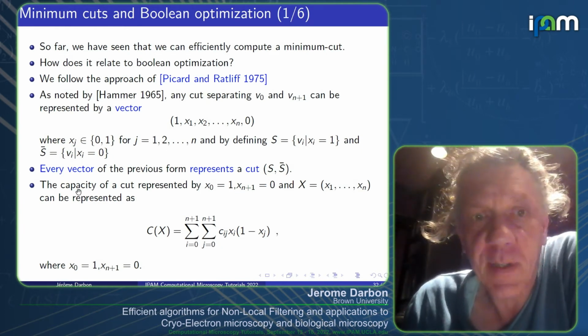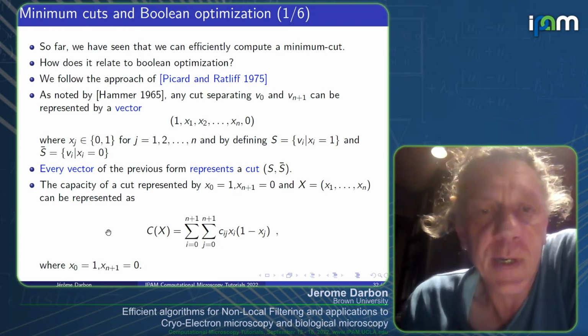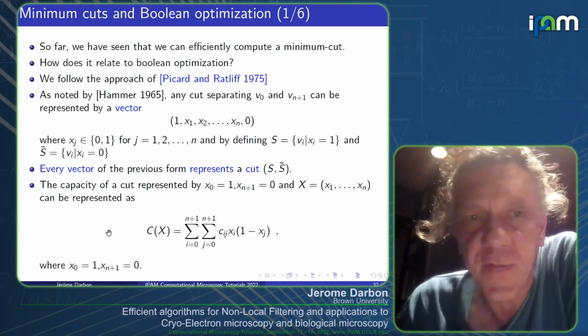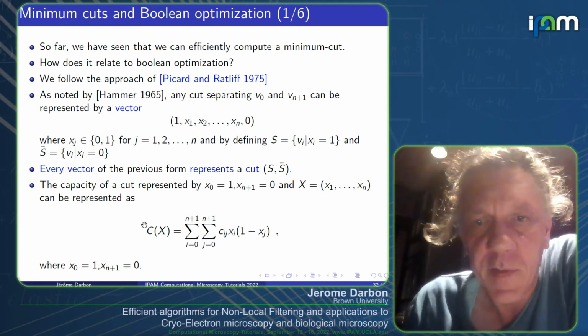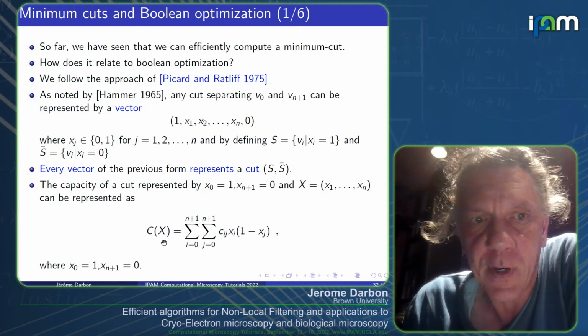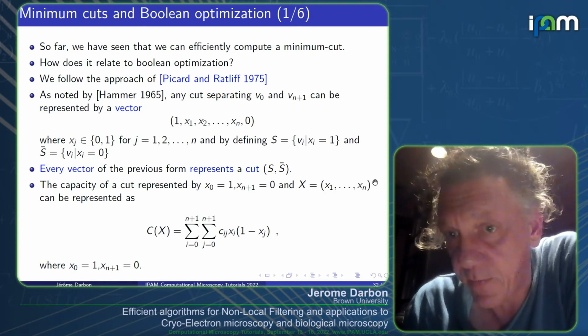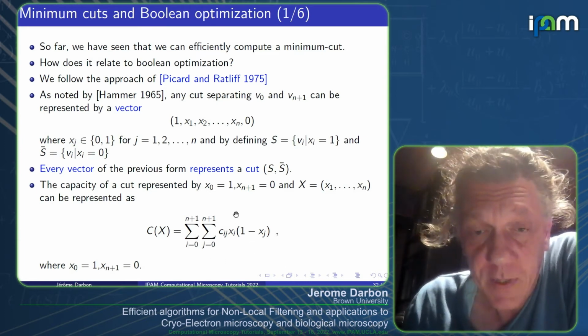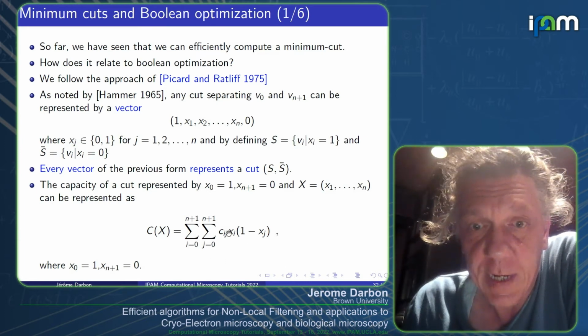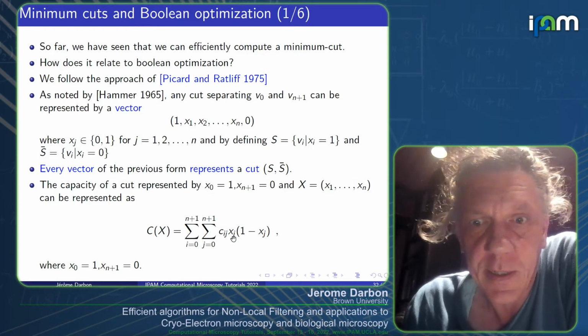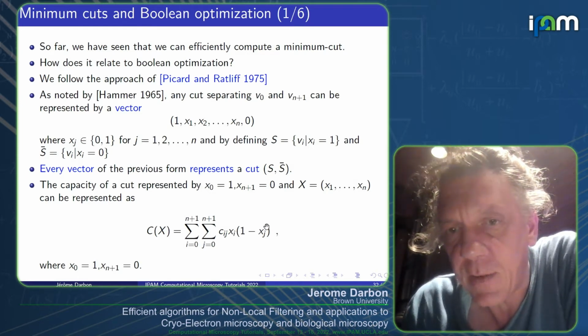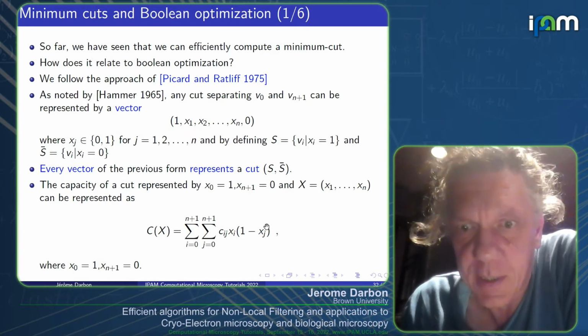And now, once you have this identification, it's simply a matter of rewriting the previous formulas using our new symbols, x1 to xn. So, for instance, the capacity of a cut, where now the variable is big X, a vector, corresponds to all points that are connected to the source, x_i, and where I have an edge that ends up in the sink.